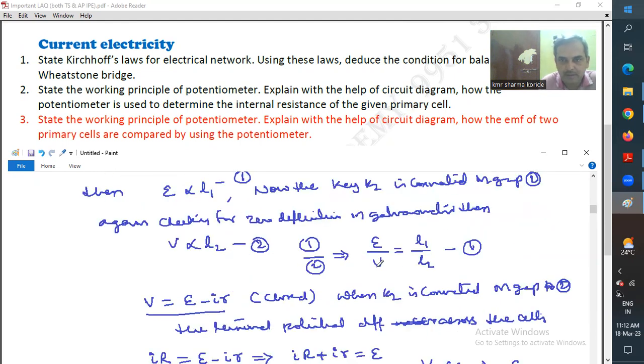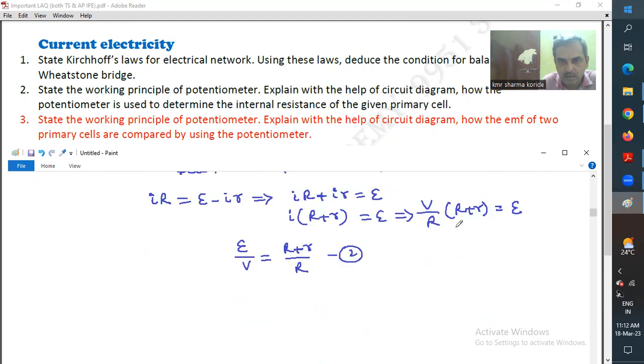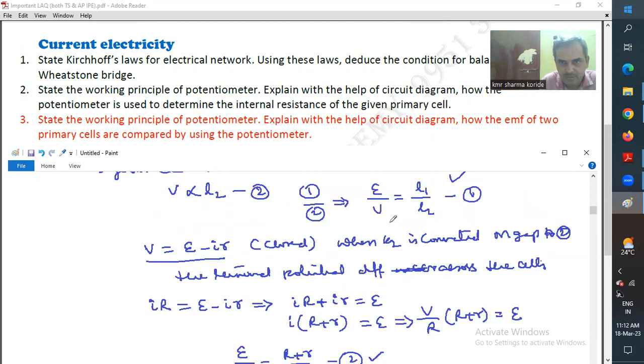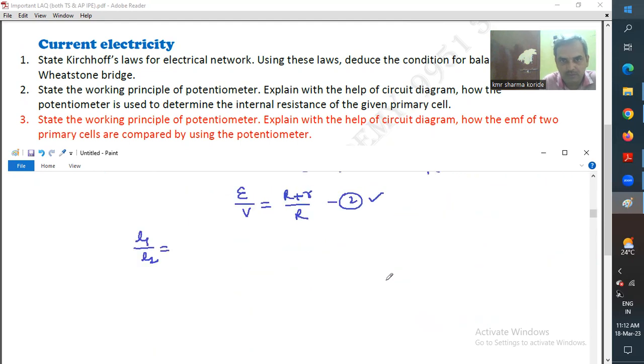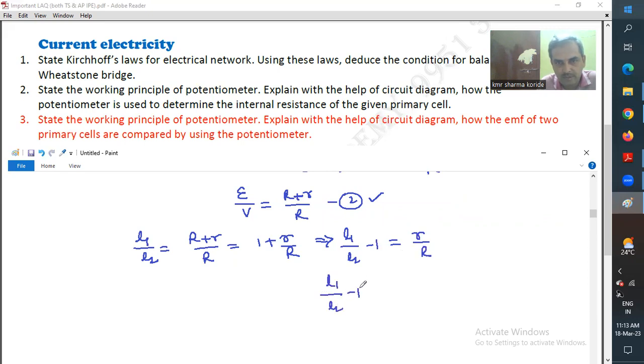So comparing 1 and 2, L1 by L2 is equal to R plus r by R. So this can also be written as 1 plus small r by capital R. So take 1 to the left side. So L1 by L2 minus 1 is equal to r by capital R. Therefore, L1 by L2 minus 1 multiplied with R is equal to small r. So this is the desired equation.